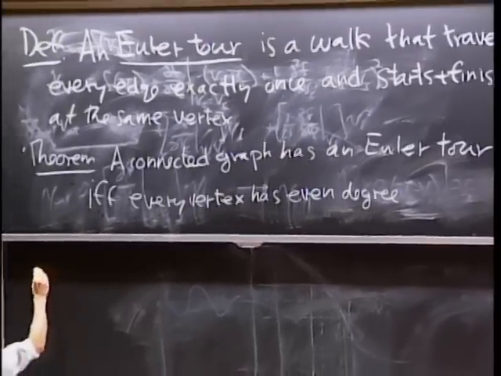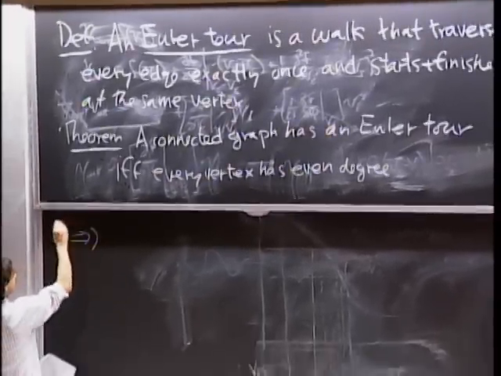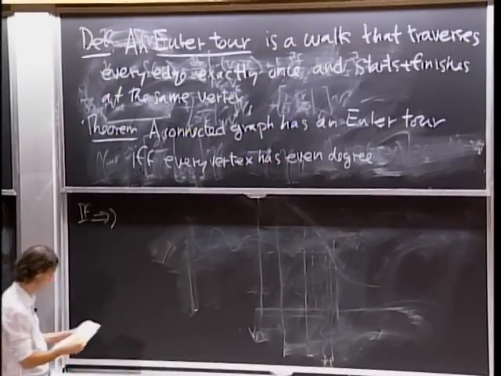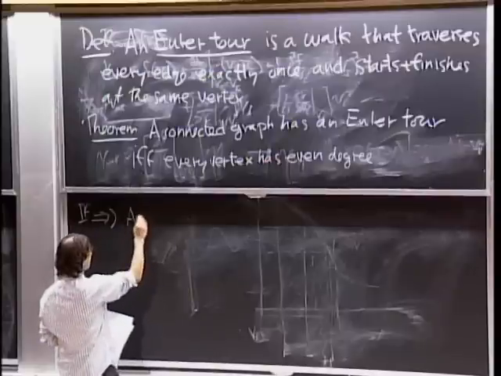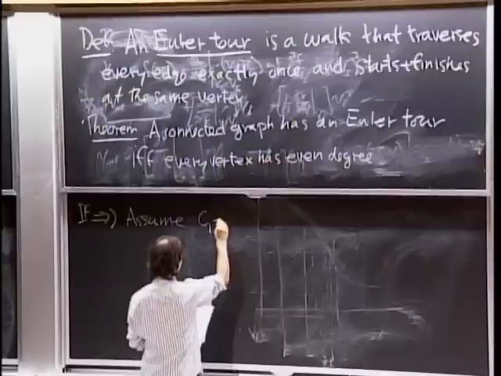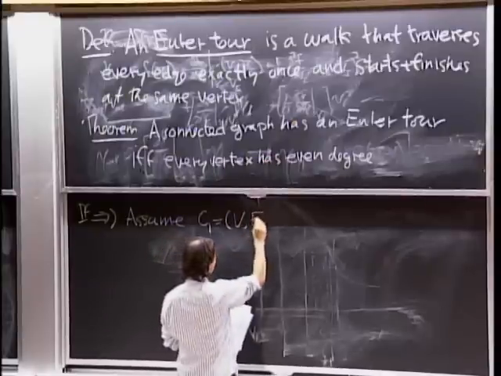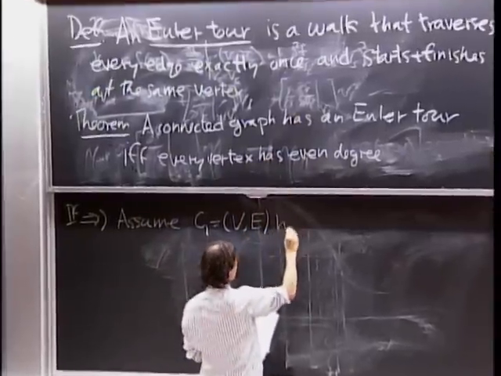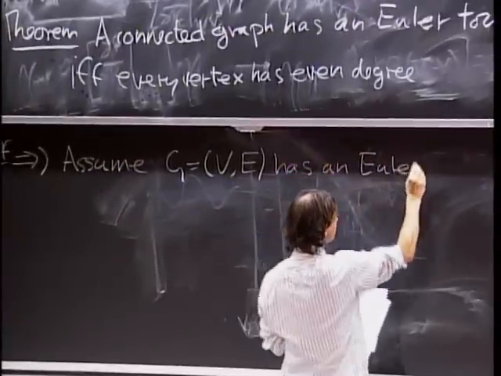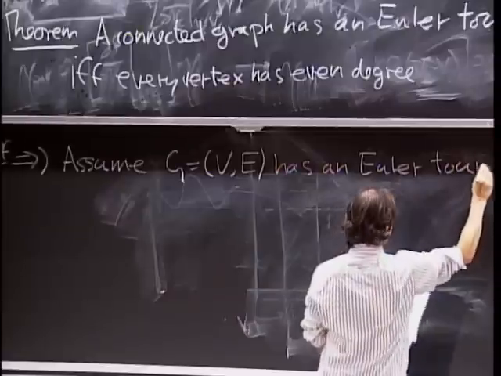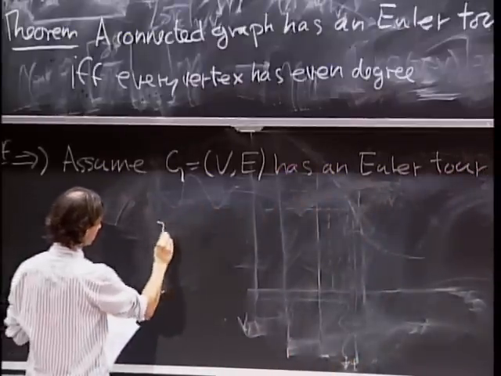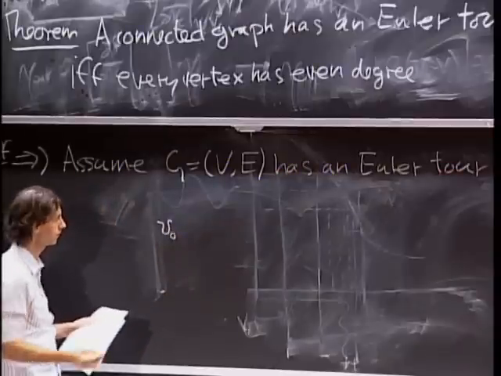So let's first do this implication, where we assume that we have a connected graph that has an Euler tour. So assume we have a graph. So we have G with a vertex set V, edge set E, and it has an Euler tour. So what does it mean? Well, it really means that we can walk from some start vertex, V0.